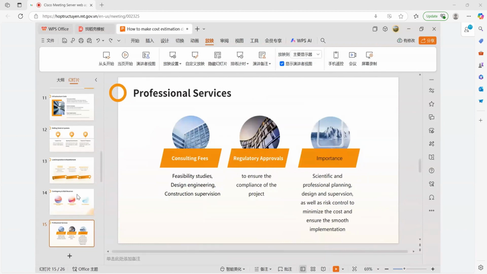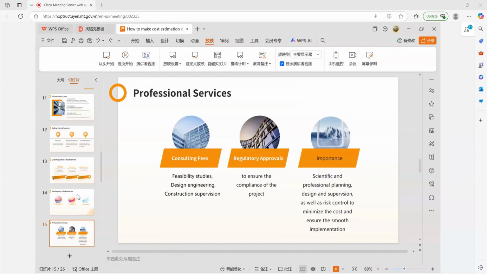So this professional service and experienced consultant is very important to make a scientific and professional planning for the design and supervision, as well as risk control, to minimize the cost and ensure the smooth implementation of the project.